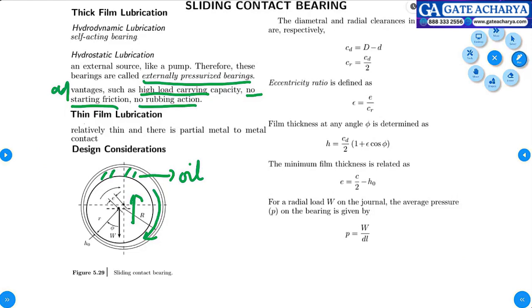CD is nothing but capital D minus small d. So capital D minus small d, you will get a distance like this here. From here to here, you will get the minimum film thickness.